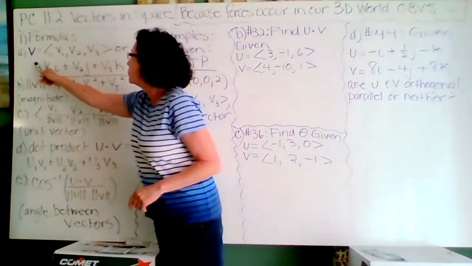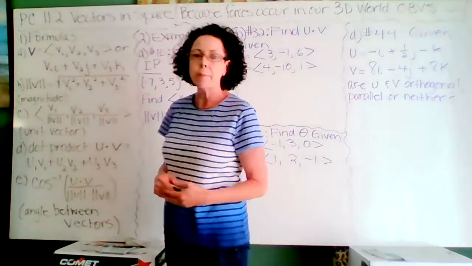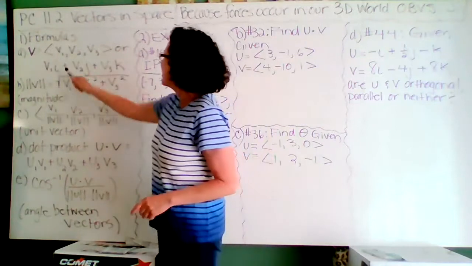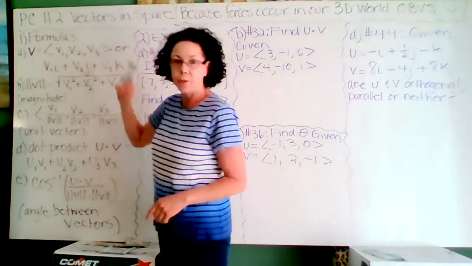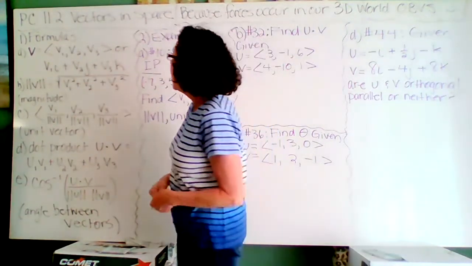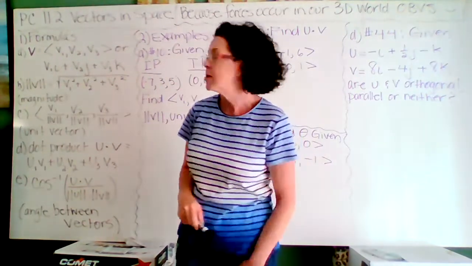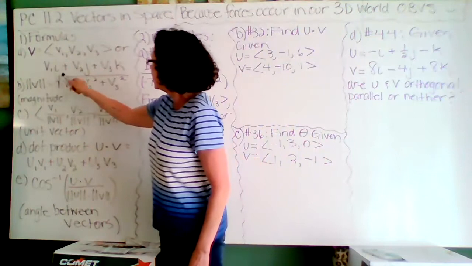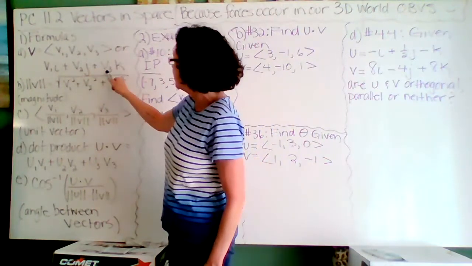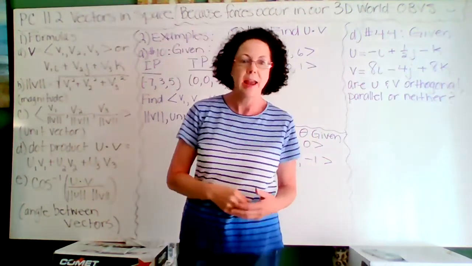So when you have a vector v now in component form, that would be written as v1, v2, v3. Writing that vector as the sum of unit vectors would be v1i plus v2j plus v3k.